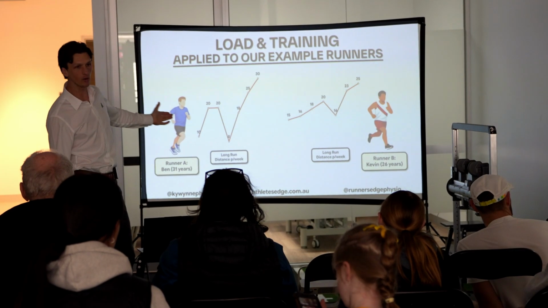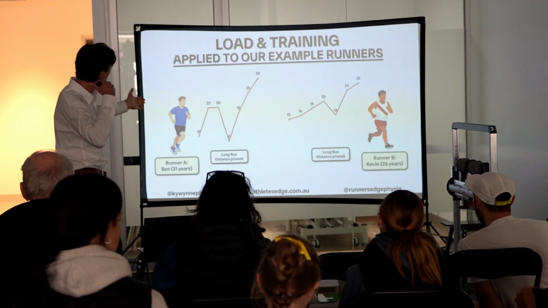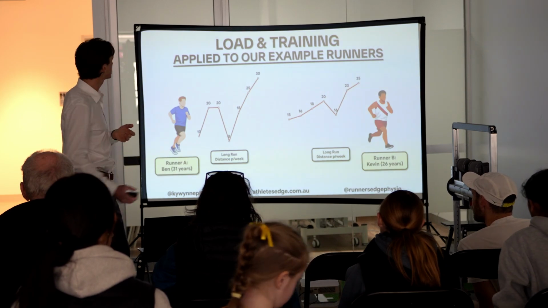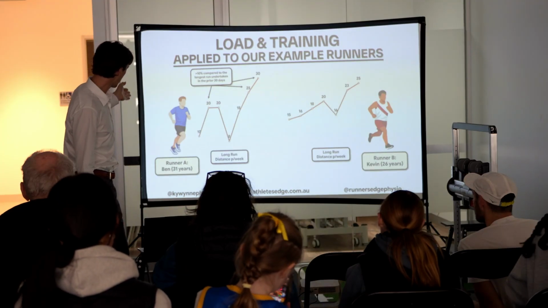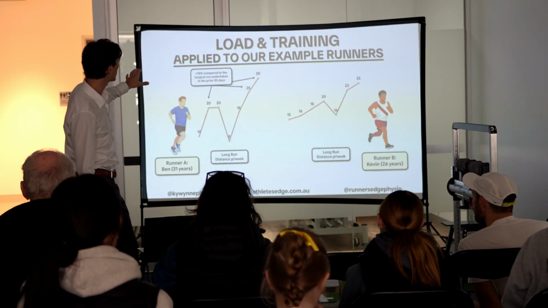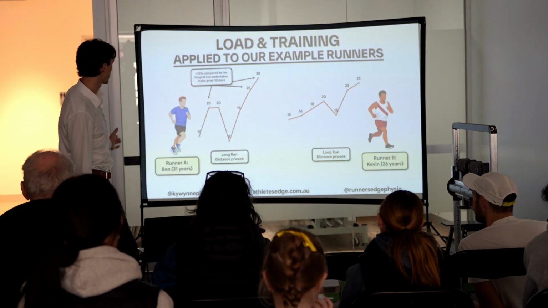And then if we go to our long run distance per week, and we talked about that Franston study before that says, all right, maybe we should keep an eye on our long run distance as well as our weekly distance. We can see that here, based off that study, Ben has done 3 runs in that sort of 6-8 week period where he's done more than 10% of his previous long run distance increase.